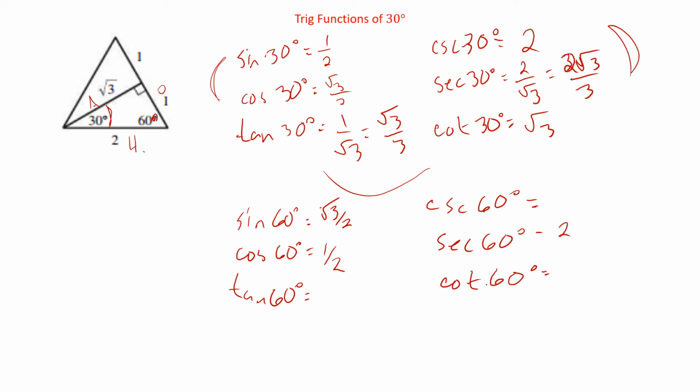We get 2, and we get 2 root 3 over 3. And then tangent was opposite over adjacent, and so if we switch those, we get adjacent over opposite, and so tangent and cotangent switch. So tangent was 1 over root 3, so that'll be the cotangent, which was root 3 over 3. And the tangent is now what the cotangent was, which is just root 3.